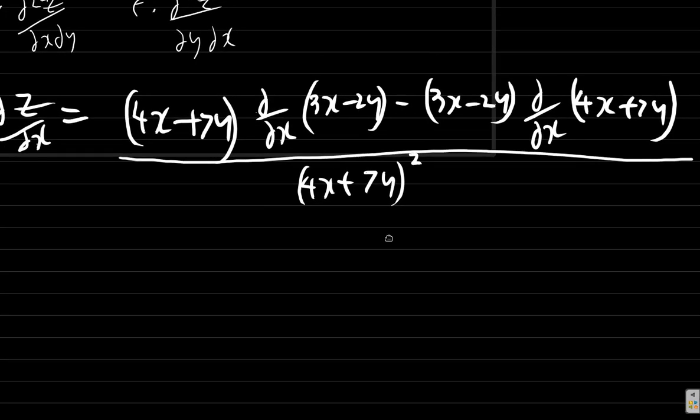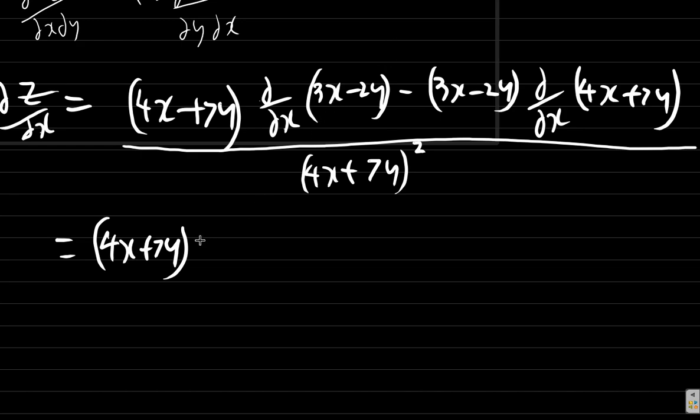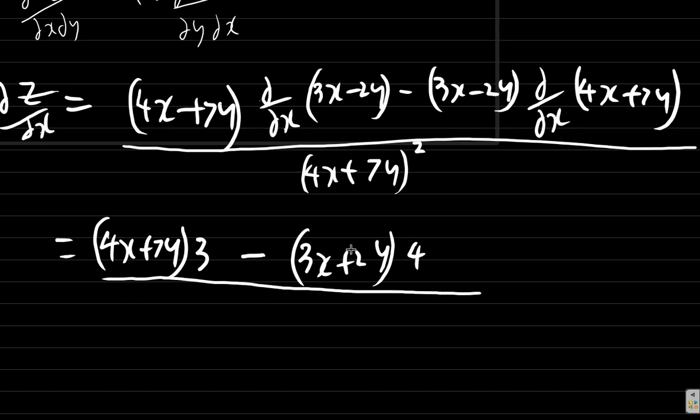Alright, so let's see how this goes. This is equal to (4x plus 7y) times, when you differentiate it with respect to x, we get 3, minus (3x minus 2y) times, when you differentiate this with respect to x, we get 4, divided by (4x plus 7y) squared.